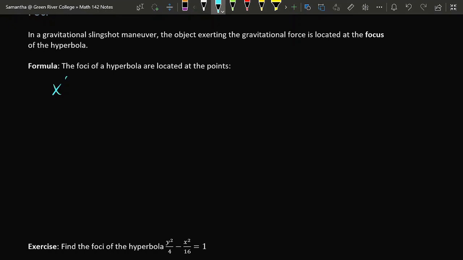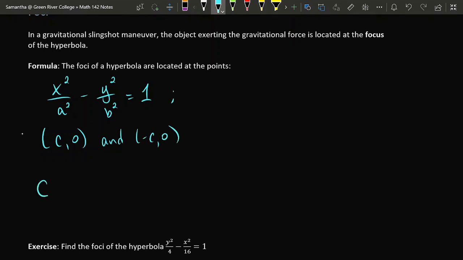In the horizontal case, the x squared term comes first, and the y squared term is being subtracted from that. And in this case, the focus points are also located horizontally at positions called (c, 0) and (negative c, 0). The value of c can be found by taking the square root of a squared plus b squared.